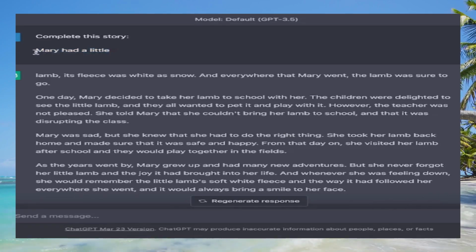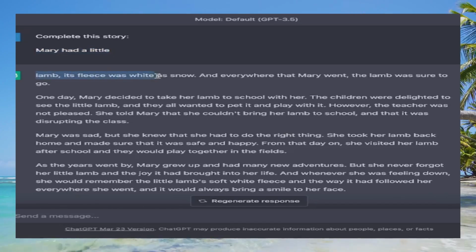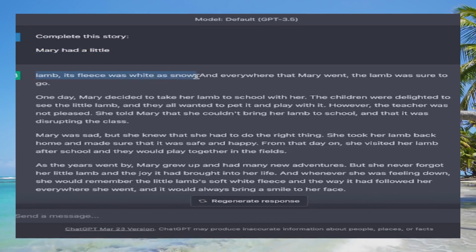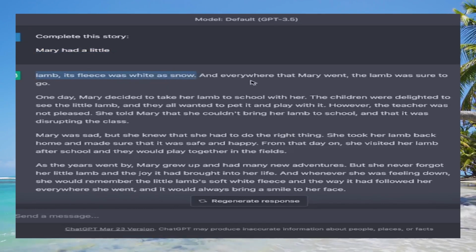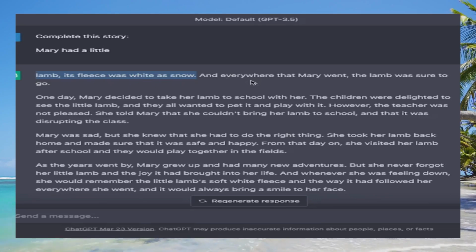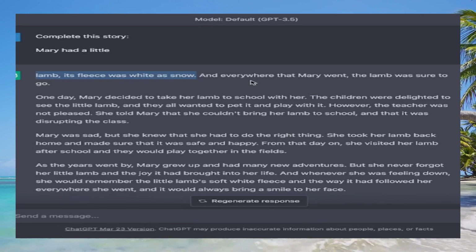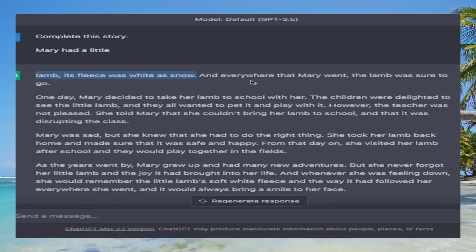So when I say, Mary had a little, that is a very powerful pattern that ChatGPT has seen many, many times, and so it immediately tries to pick up with lamb, its fleece is white as snow, and everywhere that Mary went, the lamb was sure to go. So that pattern was seen so many times that when I put in the first part of it, it immediately responds with the next part of the sentence. It knows where to pick up.